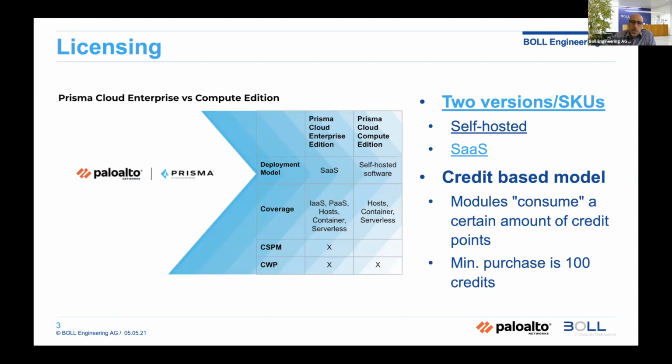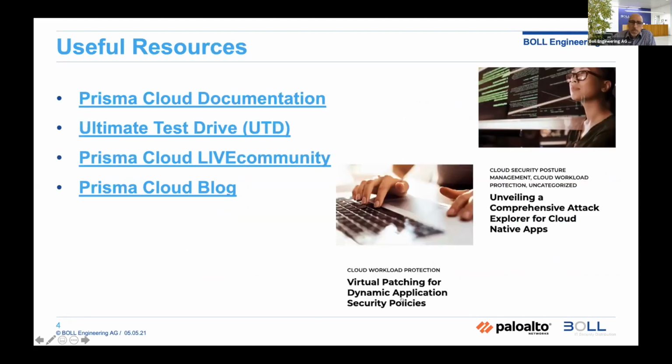What other resources are available, or what is useful information that you could read through? First of all, it's the official Prisma Cloud documentation. There are lots of reference guides and architectural guides, and of course the entire admin guide for the SaaS version.